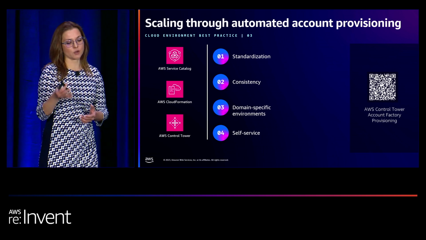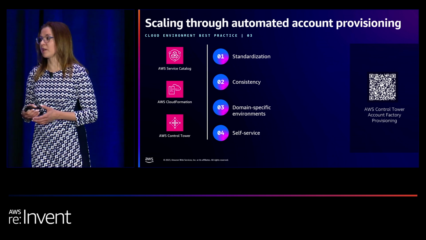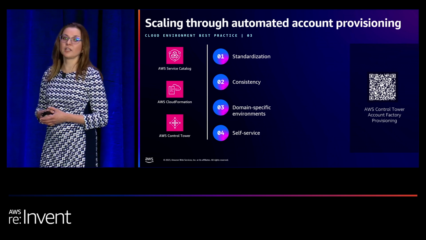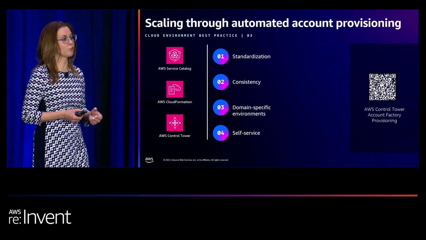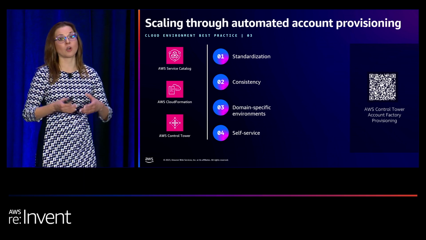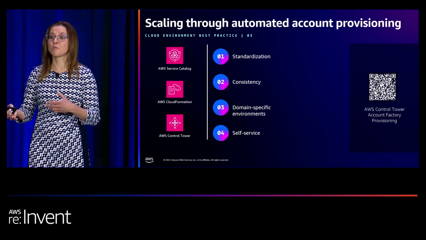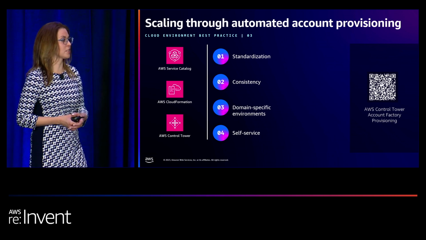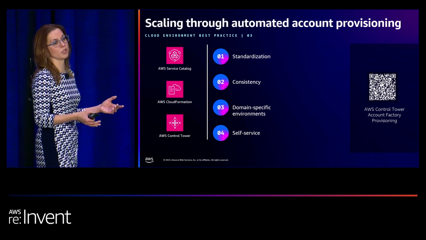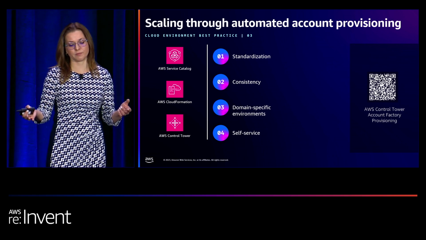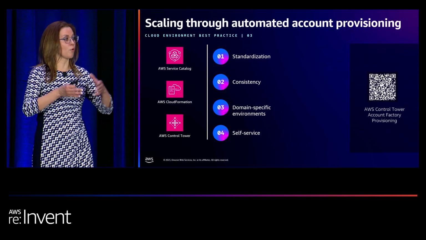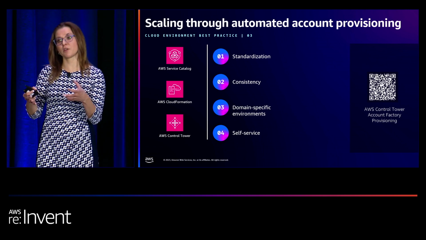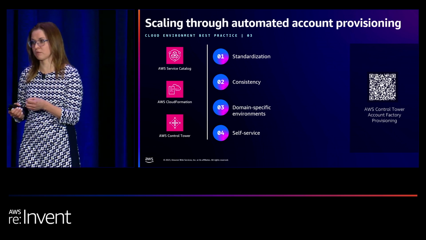Services like Service Catalog, Control Tower can help you there. And then if you use Control Tower Account Factory feature, it allows you to customize your account based on your requirements. For example, you can set up GuardDuty across all of your accounts. You can apply customizations for all of your accounts, for a subset of your accounts, or for individual accounts.